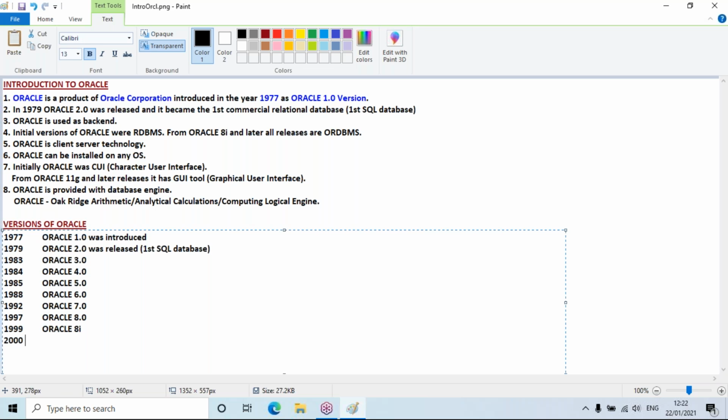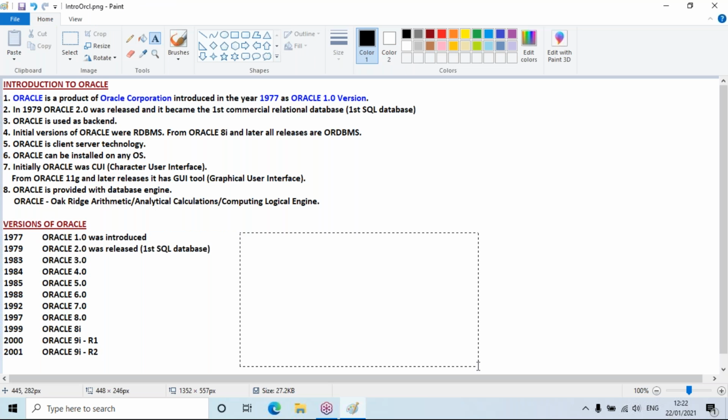Then in 2000, they came up with Oracle 9i, release 1. Then in 2001, they came up with Oracle 9i release 2.